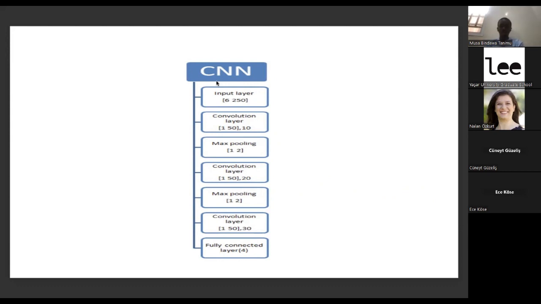And after every convolutional layer, we had a batch normalization and ReLU layer. And at the end of the fully connected layer, we had a softmax layer. We trained our network with stochastic gradient descent with momentum with the initial learning rate of 0.1. And all these parameters, we got them by trial and error.